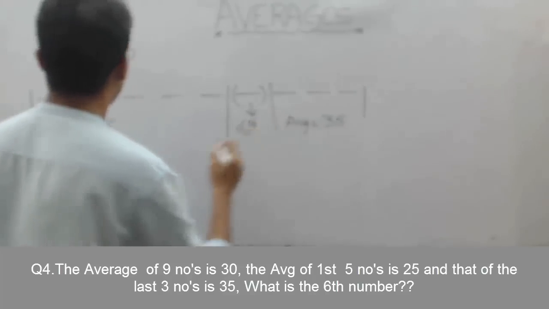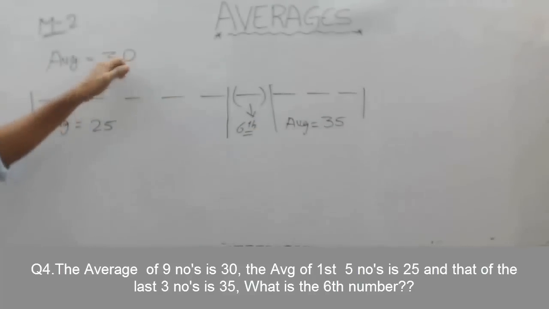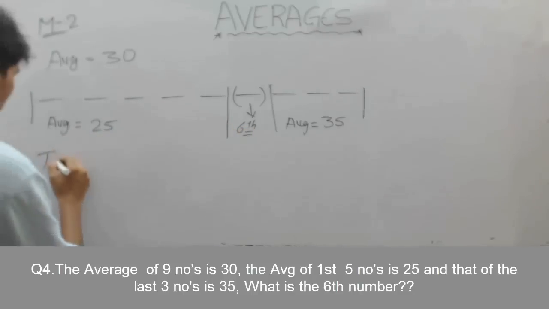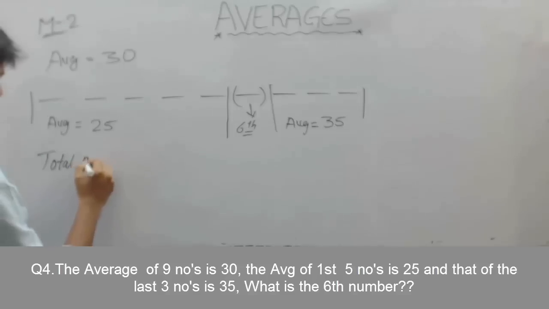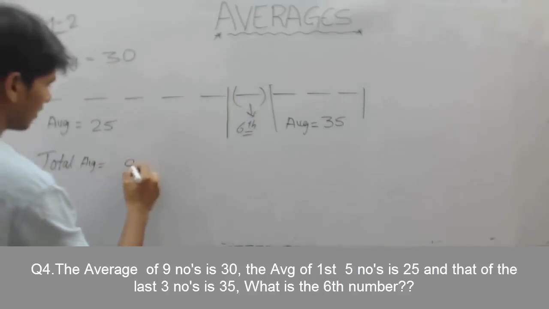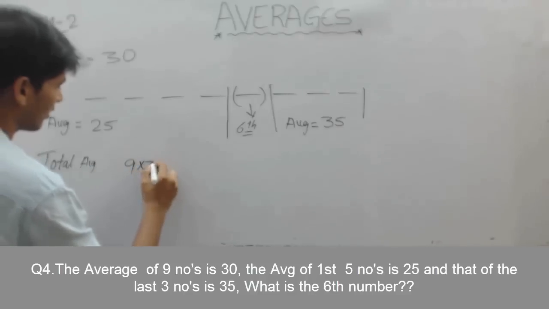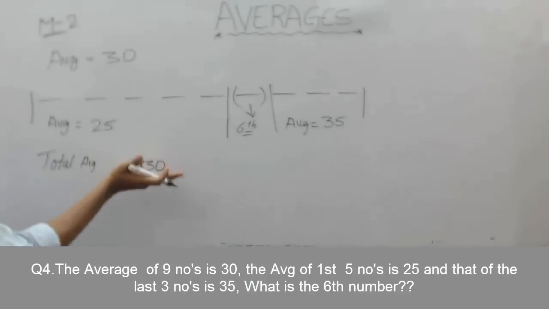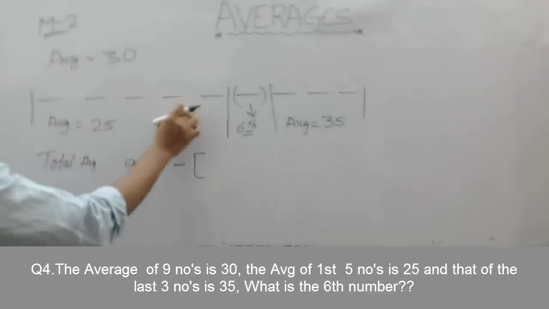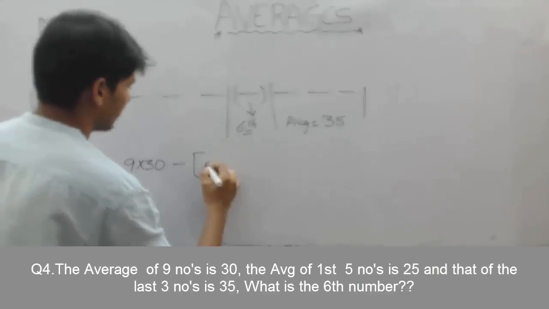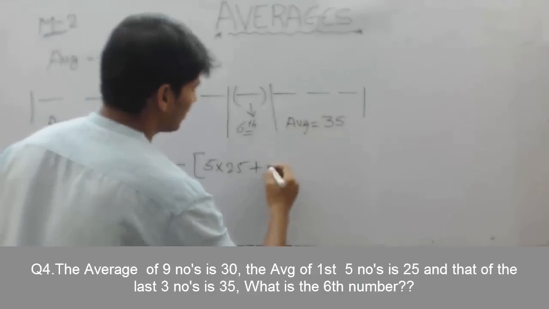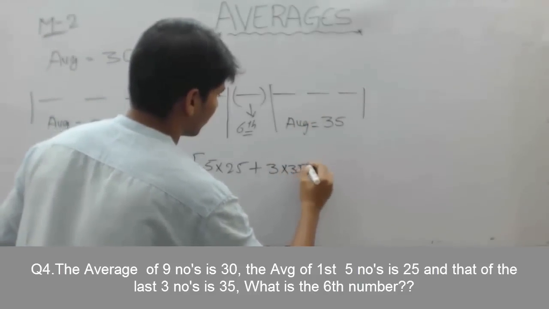So how are you going to find this answer? We are going to find the total. So how many numbers totally? 9 into 30. This is the total value minus, so here how many numbers? 5 into what is the average? 25 plus numbers 3 into 35.